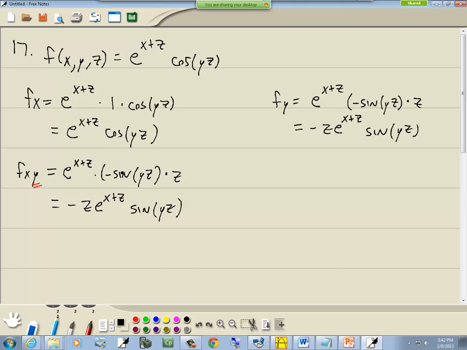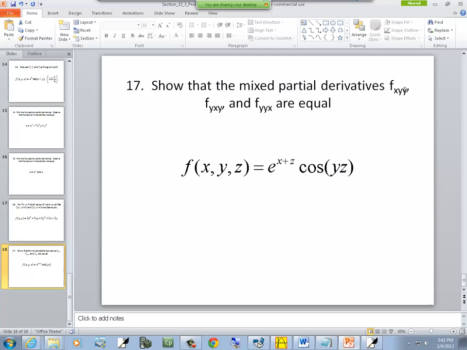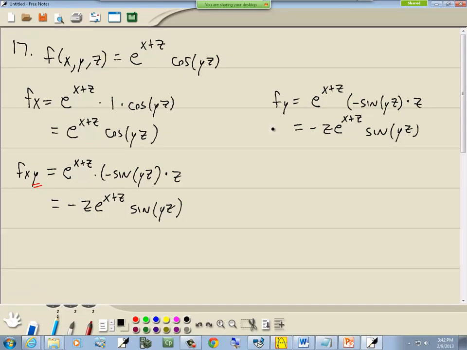Let me double check that. Looks correct. Well, then we take it with respect to y. So take it one further. Well, all of this out in front just remains out in front because there's no y's in it, so that's all just constant, as weird as it looks.